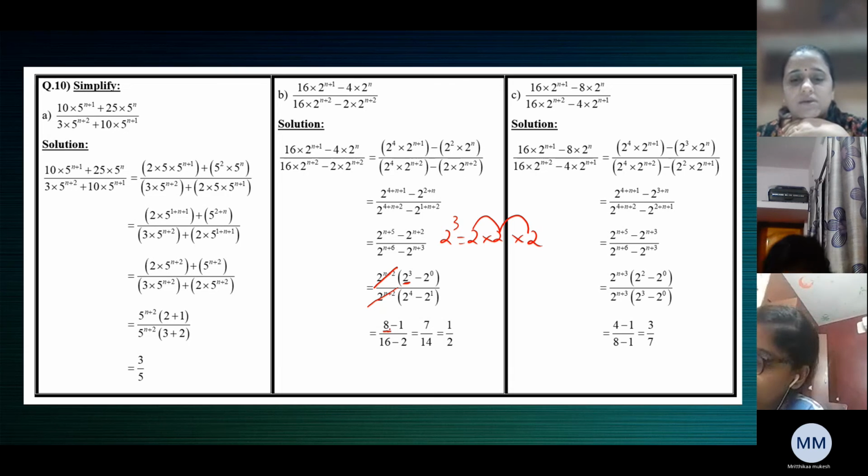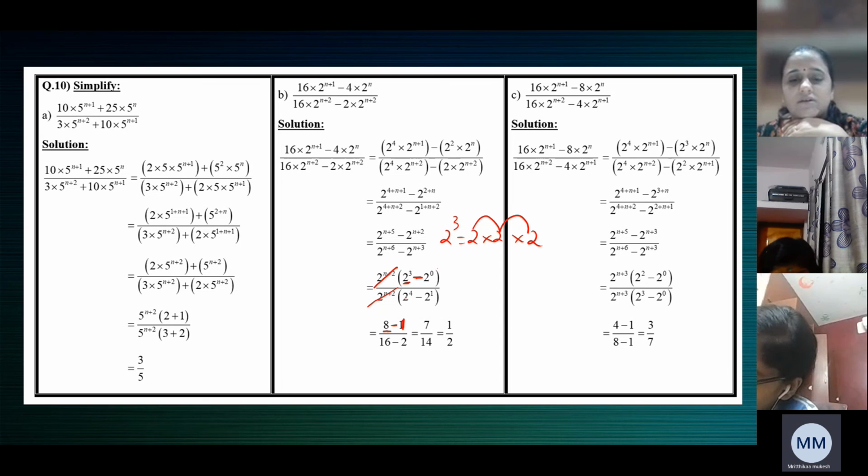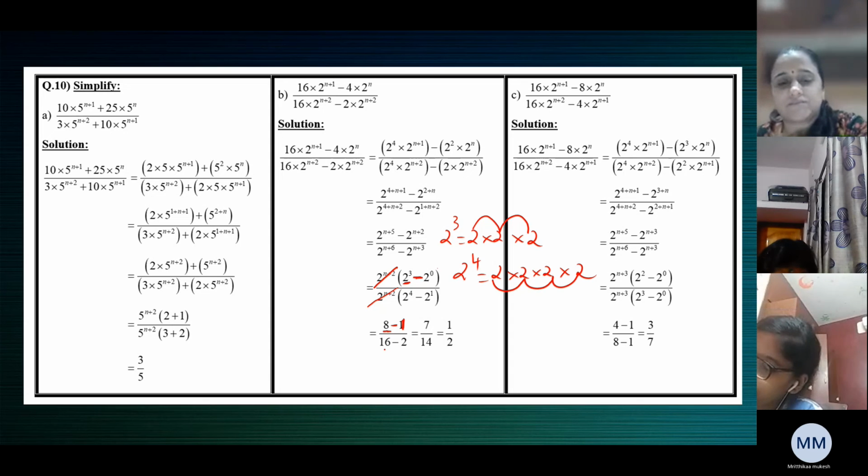So 8. Then minus 2 to the power 0 is 1. Okay, ma'am. 2 power 4 is 2 into 2 into 2 into 2, 16. 2 4s are 8, 8 2s are 16. Okay, ma'am. And 2 to the power 1 is 2. Okay, ma'am. Clear. Yeah. Thank you.